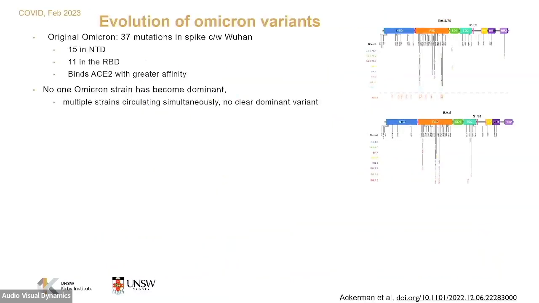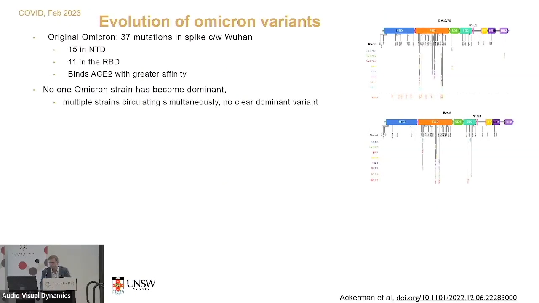To remind you, Omicron had 37 mutations in spike when compared to Wuhan. 15 of these were in the N-terminal domain, and 11 of those were in the receptor binding domain, and it bound ACE2 with greater affinity. Some of the examples in variants are shown there on the right, and you can see that they cluster.